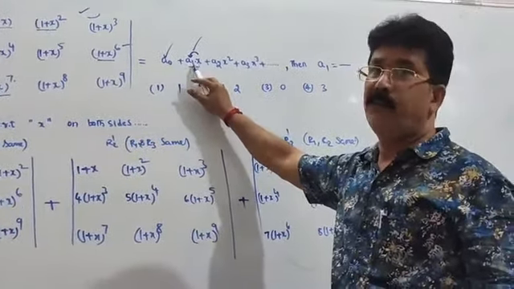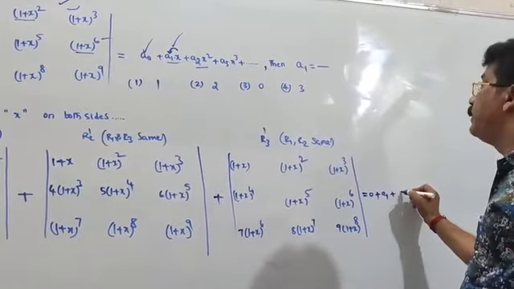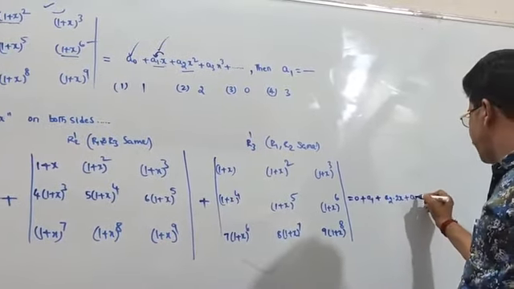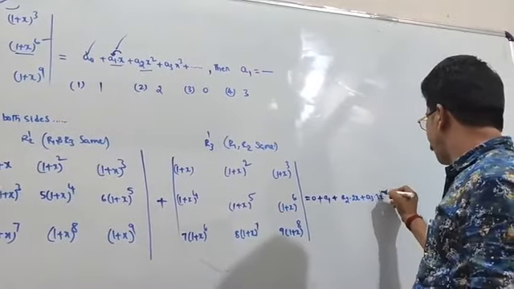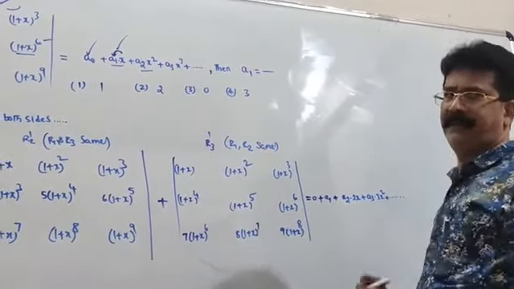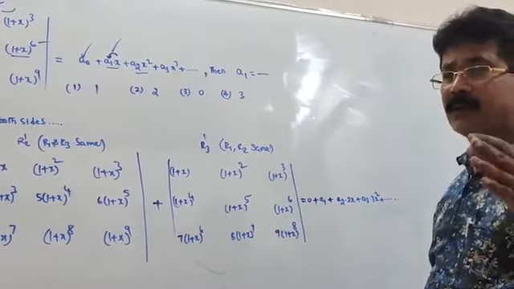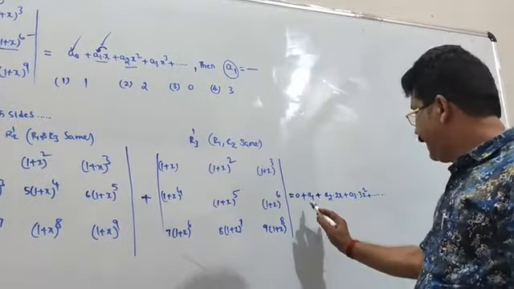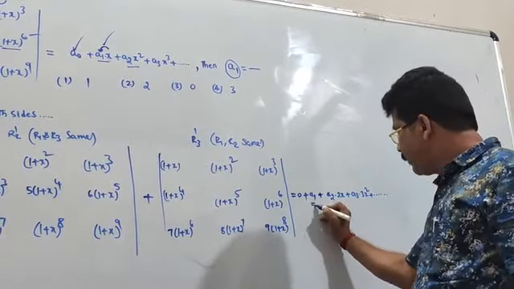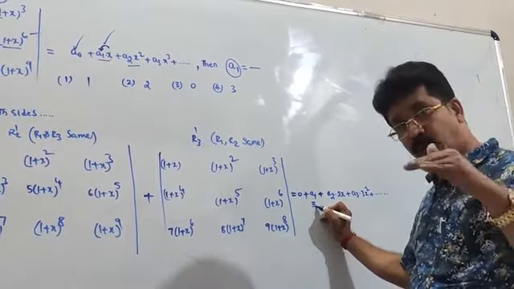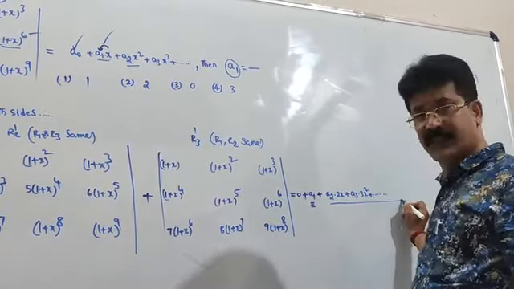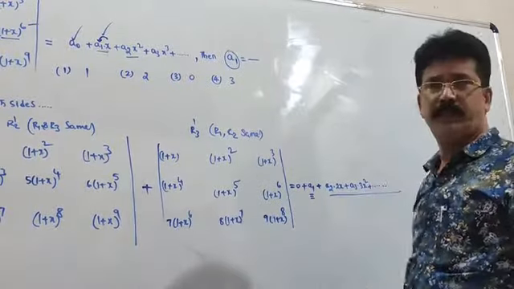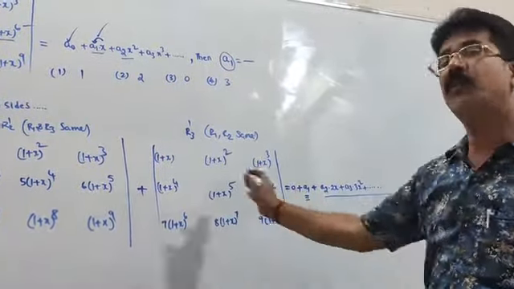Next, a2 plus a2 into 2x plus a3 into 3x square, and so on. What is the question? Find a1. On the RHS, a1 is the constant, so we don't want the other coefficients. That's why we wish to put x equal to 0 on both sides.